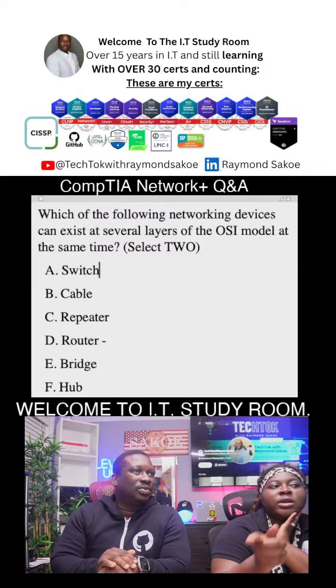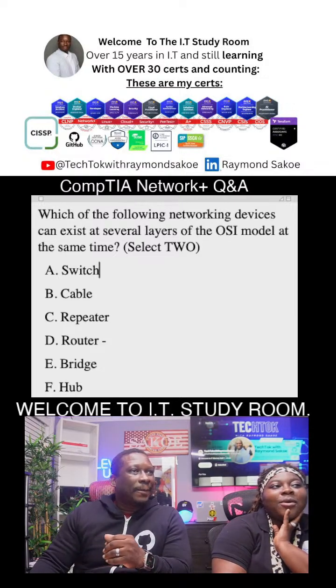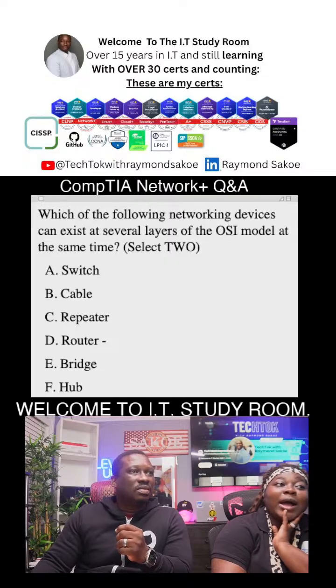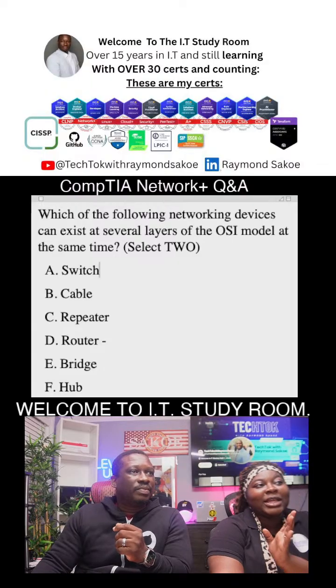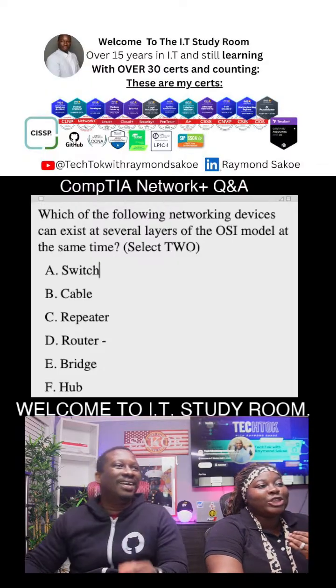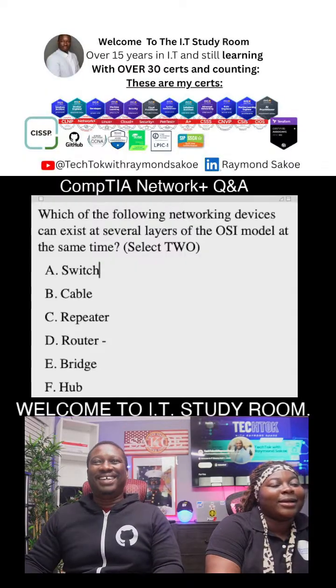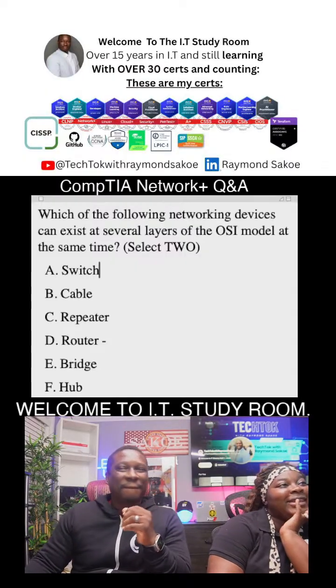But it's a switch. A multi-layer switch is a switch with a router feature, right?